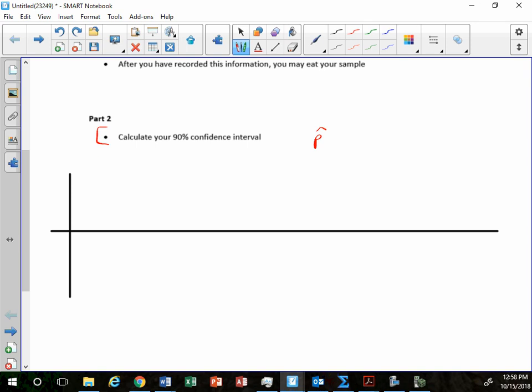Is everybody using the 1.645 for your critical Z? Yours are weird, okay. Another minute here, we'll let everybody finish, and then you don't have to put this on your paper, I'm just gonna explain once you're done.